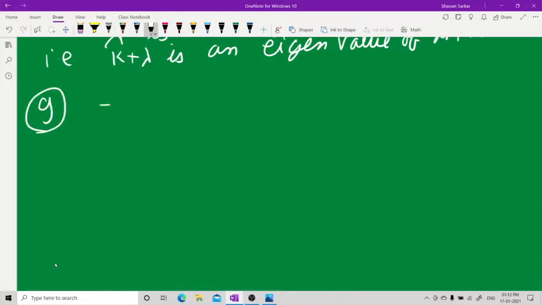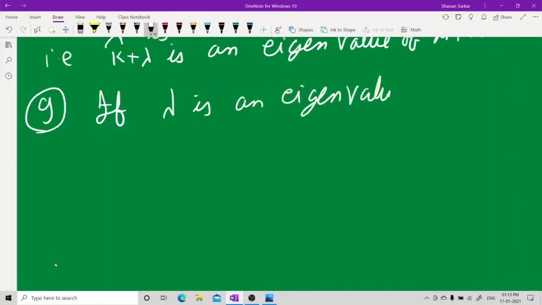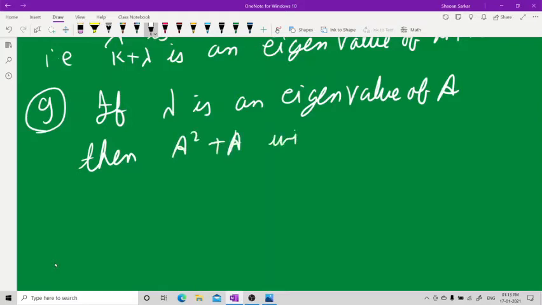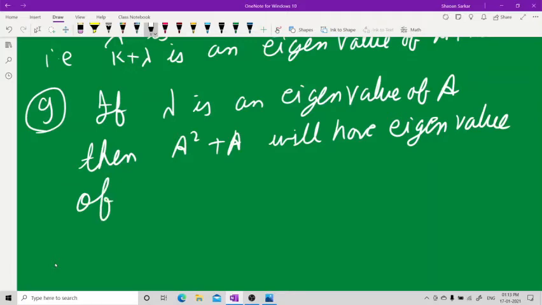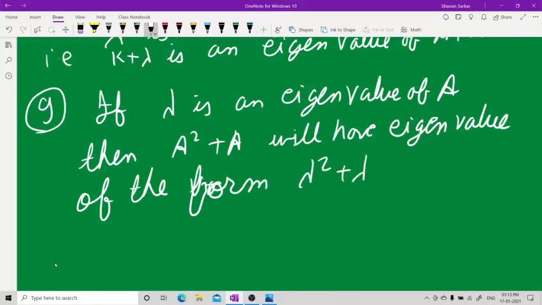That is, if lambda is an eigenvalue of A, then A square plus A will have eigenvalue of the form lambda square plus lambda. This is the thing.